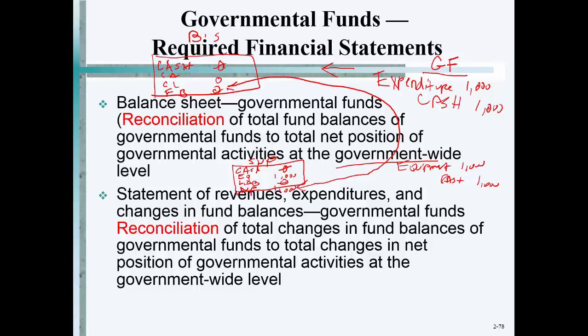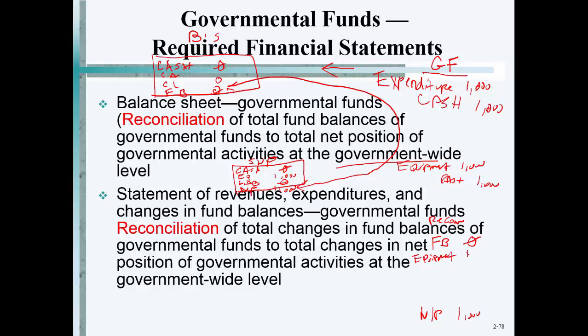What the reconciliation does is it starts with fund balance. How much is my fund balance? Zero. It starts with fund balance, and it will reconcile to net position. How much is my net position? 1,000. And I'm going to talk like a Neanderthal here and just say equipment.